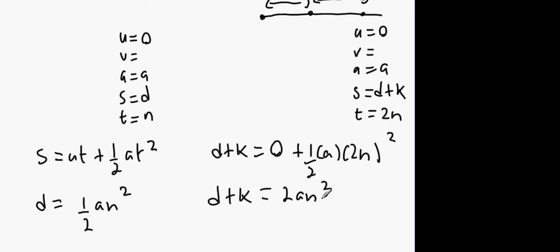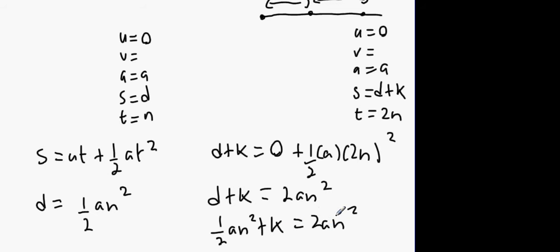This means that d is a half an squared, so take one away from the other, okay? So what you can find out now is that d plus k equals 2an squared.